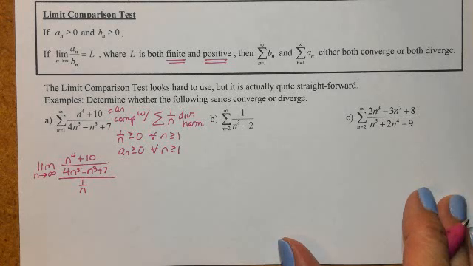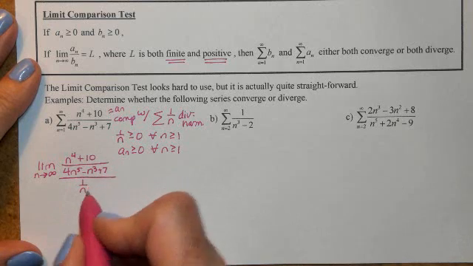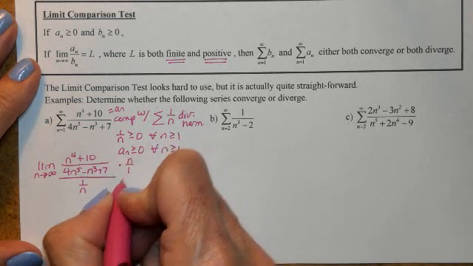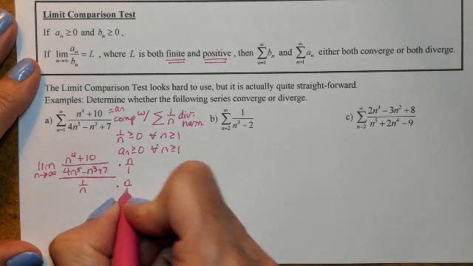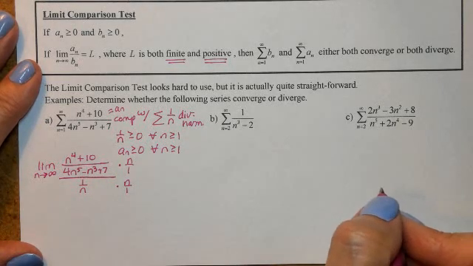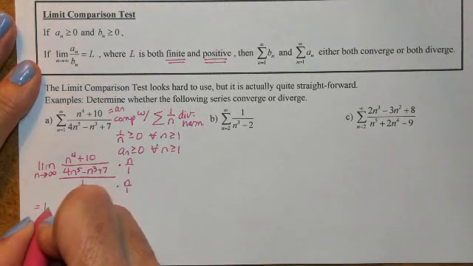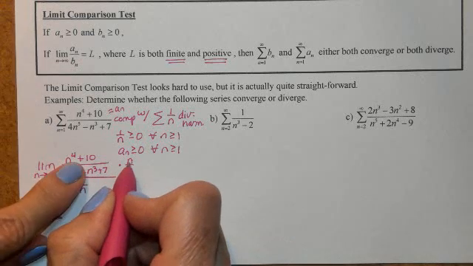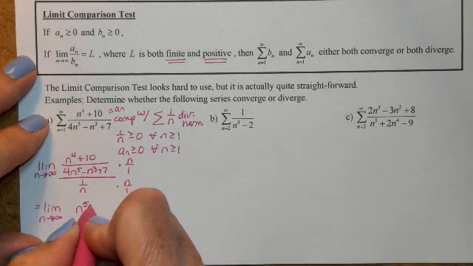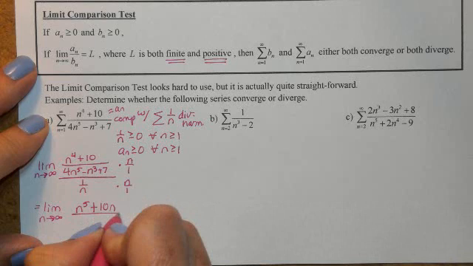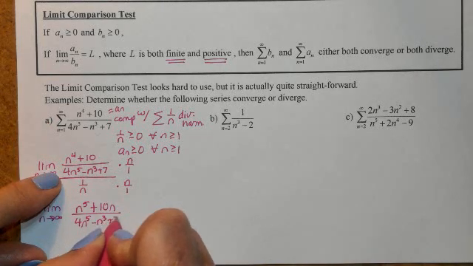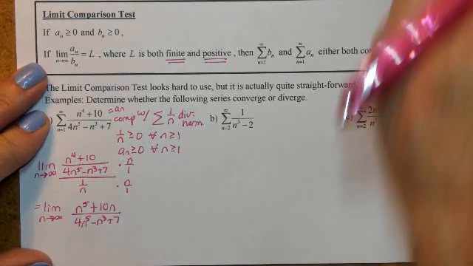So what I have here looks rather awful, but it's really not, because we just have a complex fraction. And this 1 over n, I can change to multiply by n over 1. Or you can think of that as multiplying top and bottom by n. And when you do that, you get n times n to the 4th plus 10n over that denominator, all over 1.